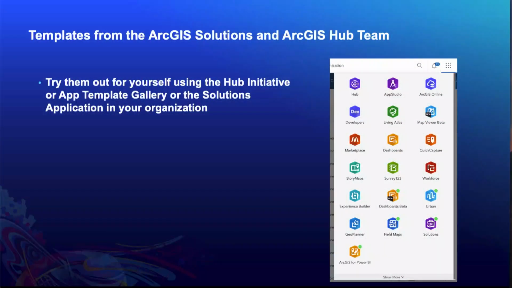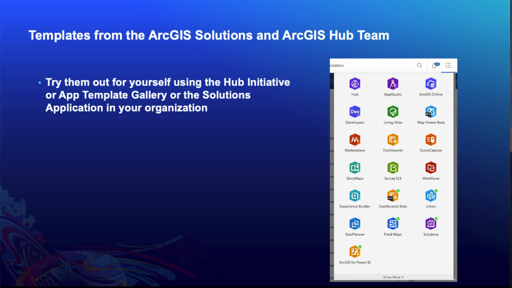The ArcGIS Hub team and the ArcGIS Solutions team have created quite a few templates to get you going. I'd recommend you try them out for yourself using the Hub Initiative or app template galleries like I showed you before. There is a published by Esri filter, which will show you all of the templates that we've created ourselves.